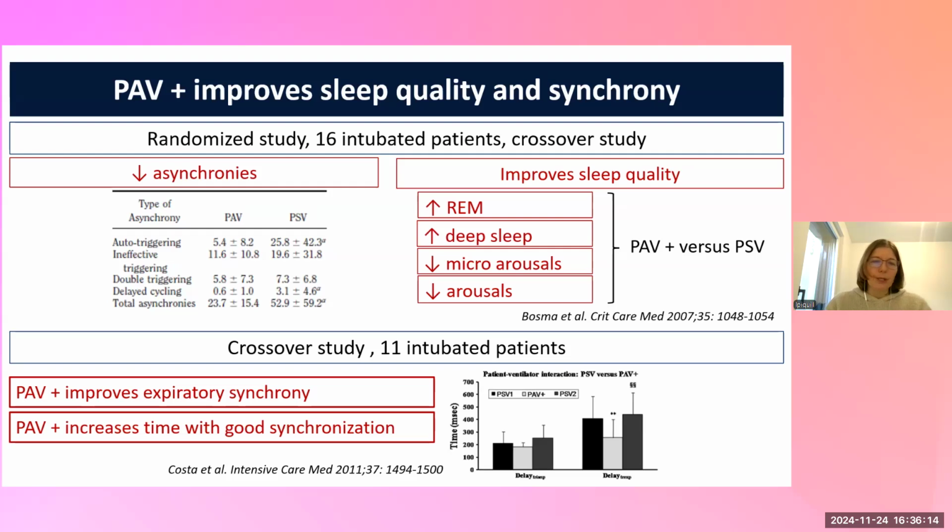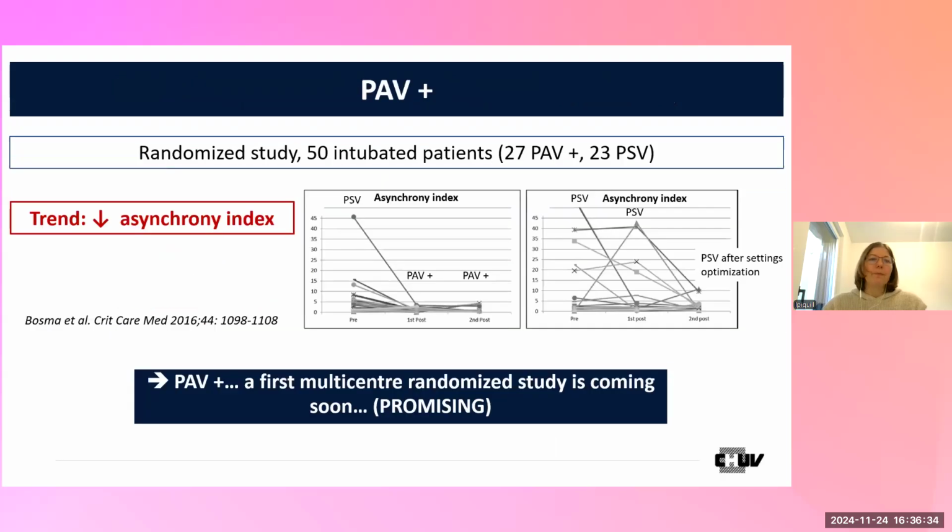Another crossover study here basically shows the same on patient-ventilator synchrony. PAV plus improved expiratory synchrony a lot, and overall PAV plus increases the time with good synchronization between the patient and the ventilator compared to pressure support ventilation.